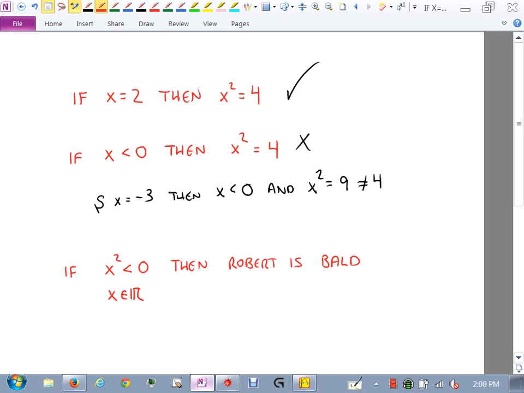Yes. Can I say for every number, when I square it, I get 9? No. So there's the difference between showing the existence of one example versus it applying for everything. All right, I'm way off topic. I apologize.